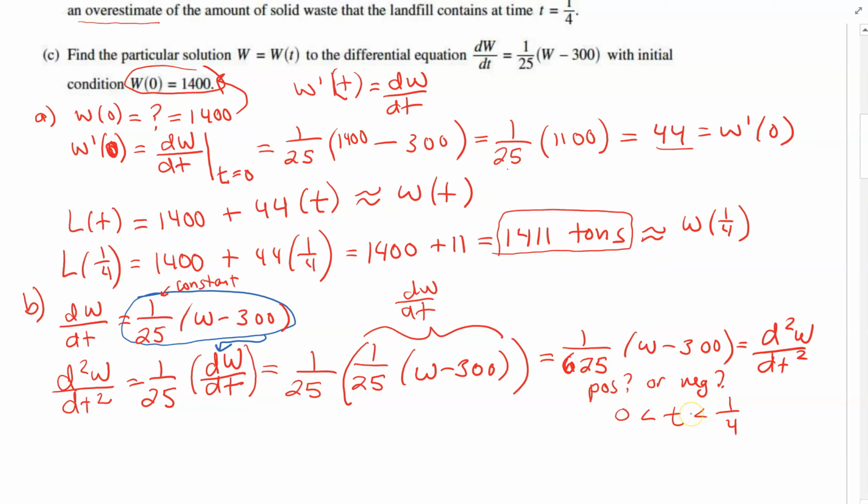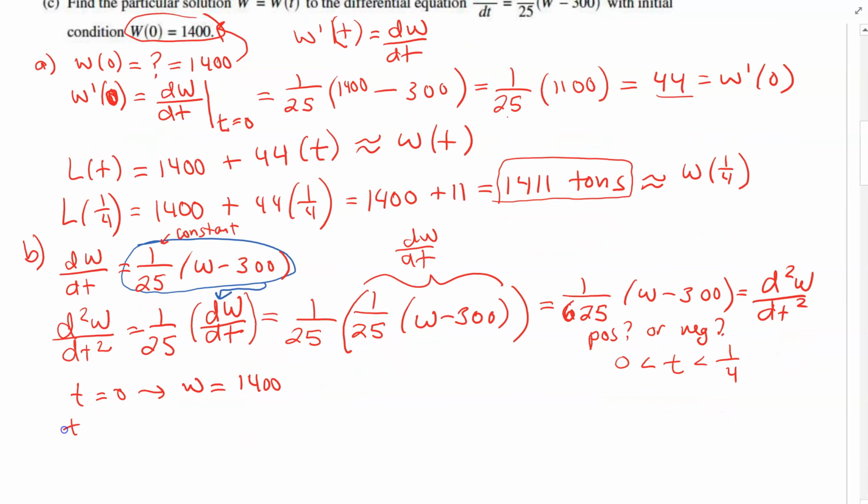Well, when t was 0, then w equaled 1400, which is greater than 300. And when t was 1/4, then w was a little bit more than that, right? Because w is an increasing function. I believe it did mention that somewhere earlier. It went up. It's increasing, not decreasing. So that would also be greater than 300.